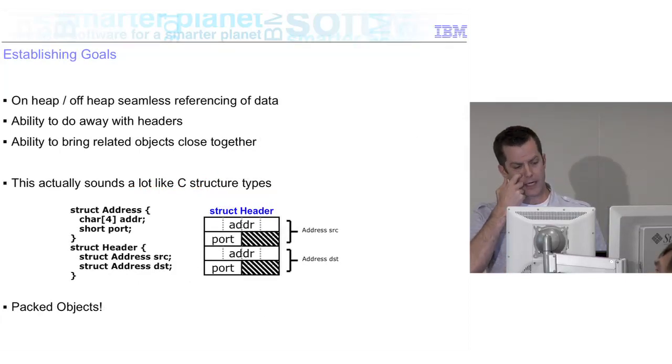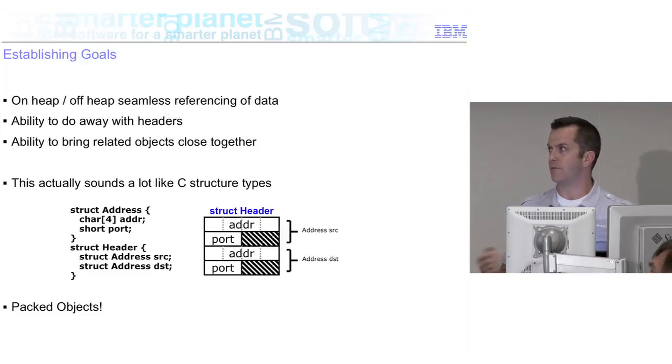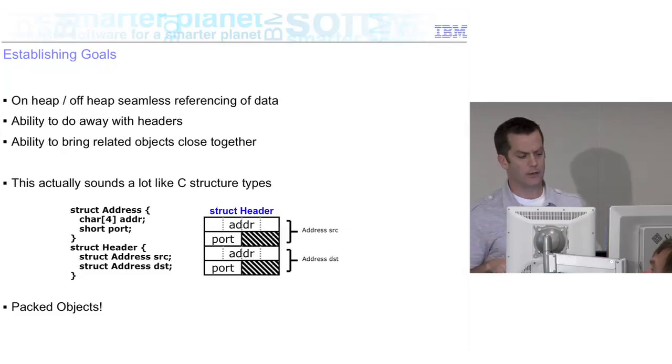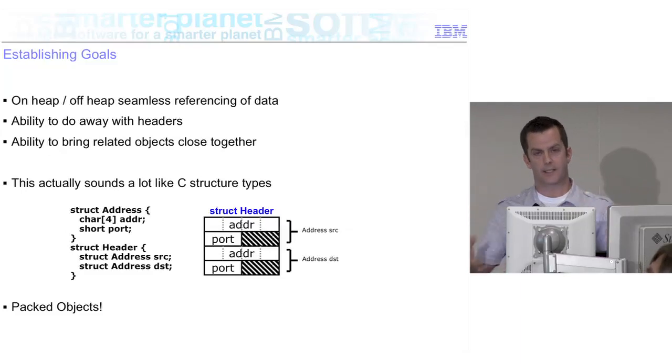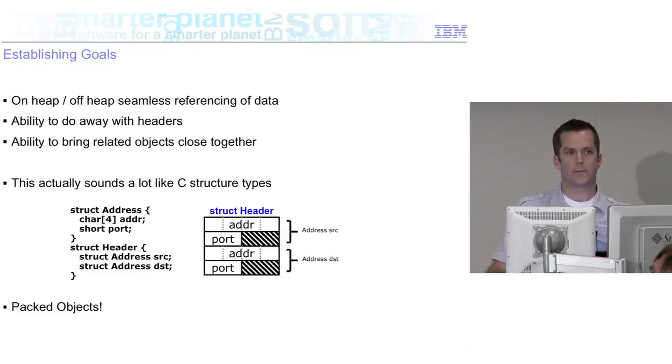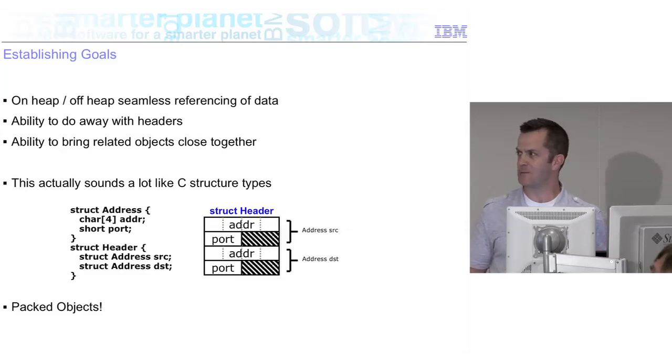So, we've got some criteria here, right? We want some on-heap, off-heap seamless reference to data, and then the seemingly unrelated goal, or possibly unrelated goal, of getting rid of headers and bringing related objects closer together. And this ends up looking a lot like C structs, right? In C, one of the great things about C, there's a lot of bad things and a lot of great things about C, is that what you type is basically what you get, depending on what the compiler wants to generate in terms of code.